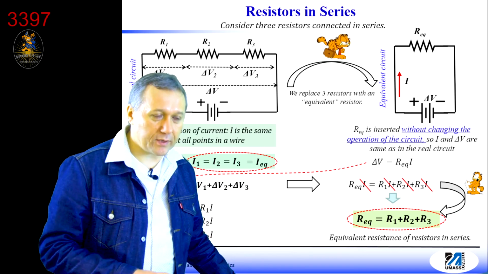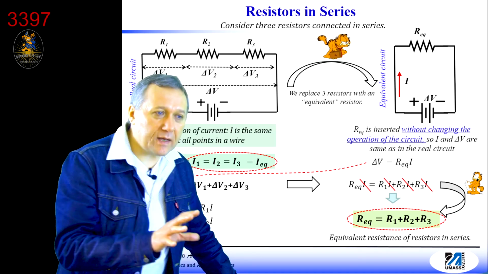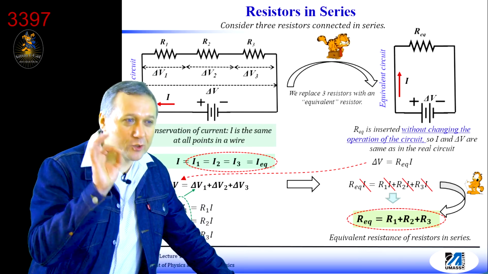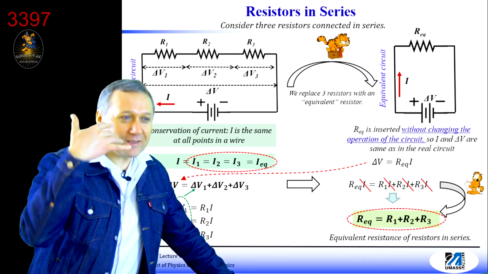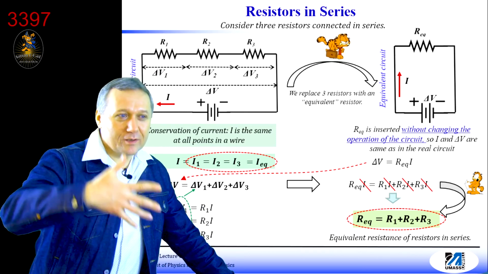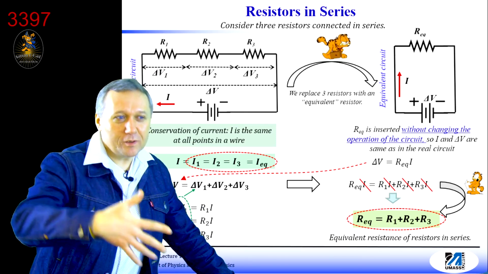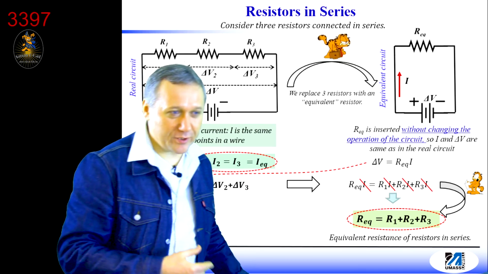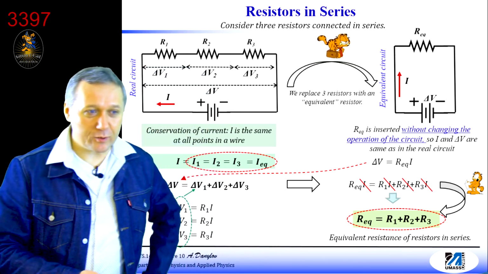Your recitation instructors are going to do it. And that analysis is very similar to the analysis we've done for a circuit full of capacitors. You remember in our recitation classes, capacitors connected in series or in parallel.